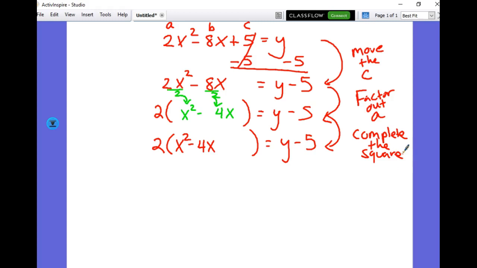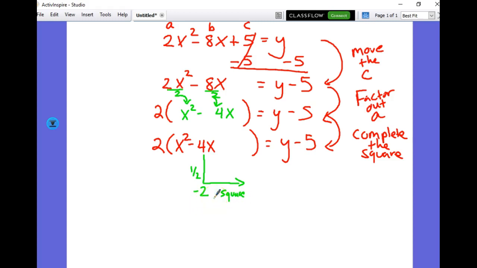Okay, so I'll explain why we call it that as we go, but for now, what is it? How do we complete the square? Well, the first thing you're going to do is you're going to take half of this number, so I'll just put half here. So half of 4 is 2. We can even call it negative 2 because it's a negative 4, right? After that, we're going to square it, which means multiply it by itself.